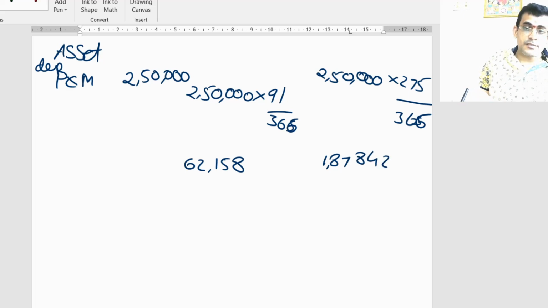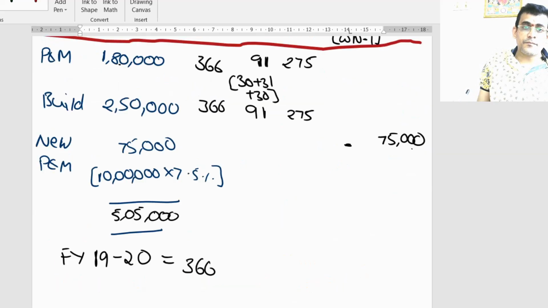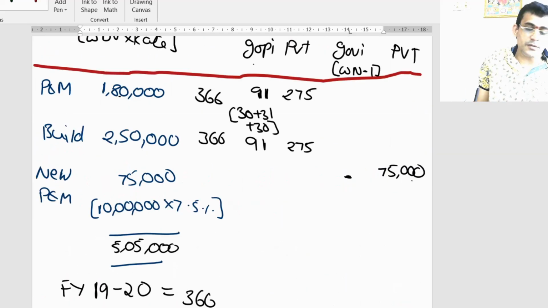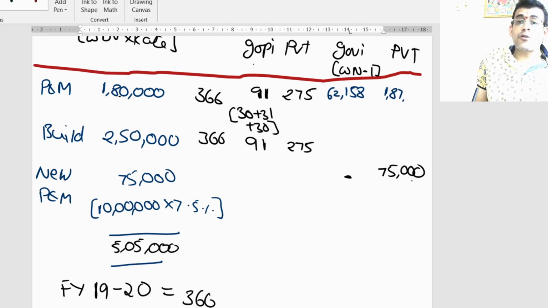Now let us write it there in this table. Let us fill this table here. So Gopi can take a depreciation of 62,158, whereas Gopi Pipes Private Limited can take a depreciation of 1,87,842. 1,87,842 is the total depreciation he can consider.